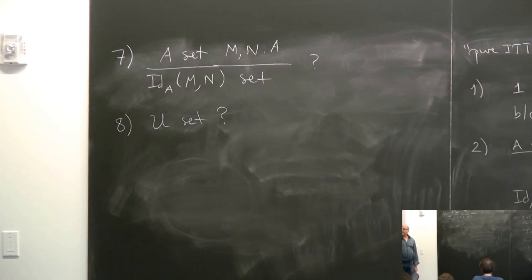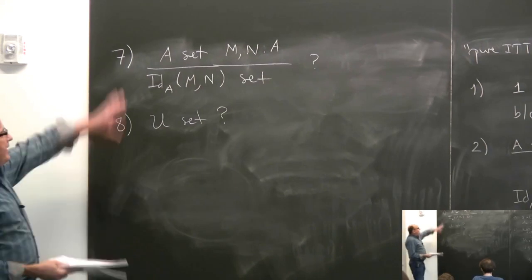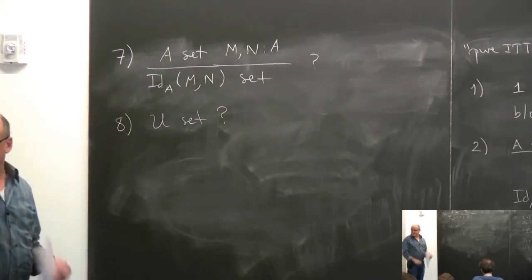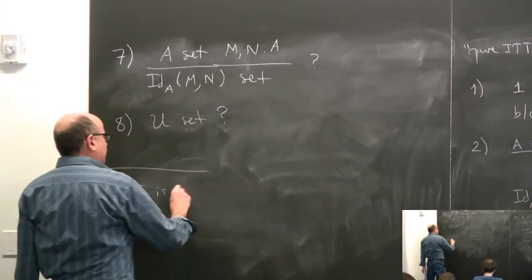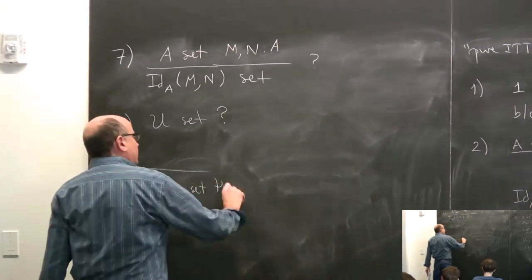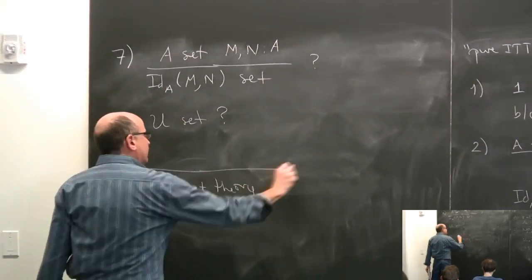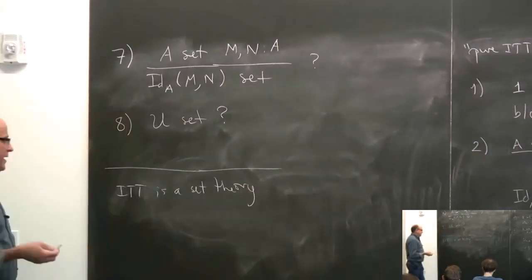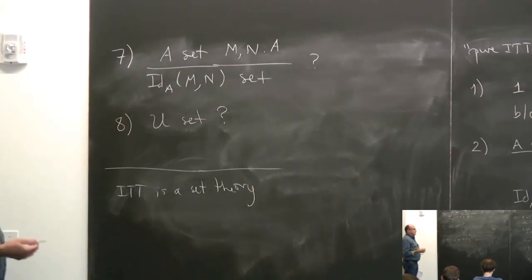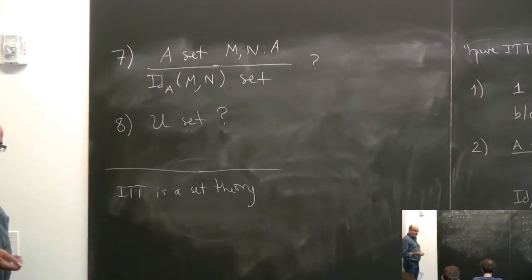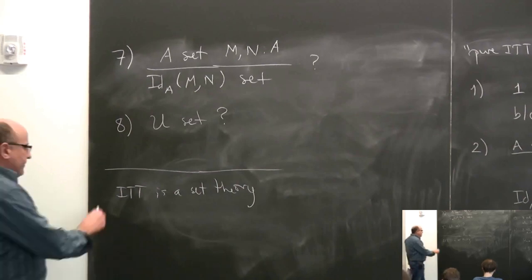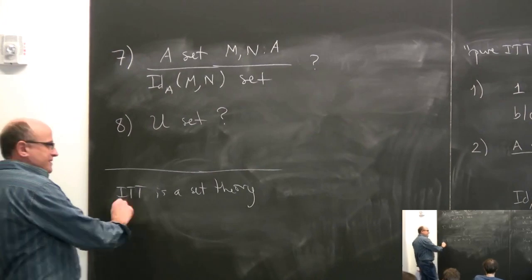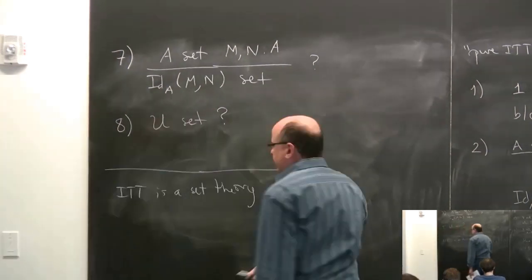If I resolve these positively, then I will have said ITT is a set theory. Which is interesting just as an observation, but it also accounts for something that was a thorny, contentious issue for decades, which is that ITT can be conceived as a set theory.